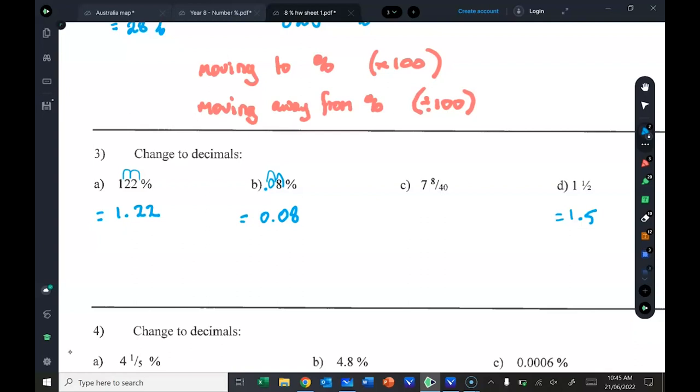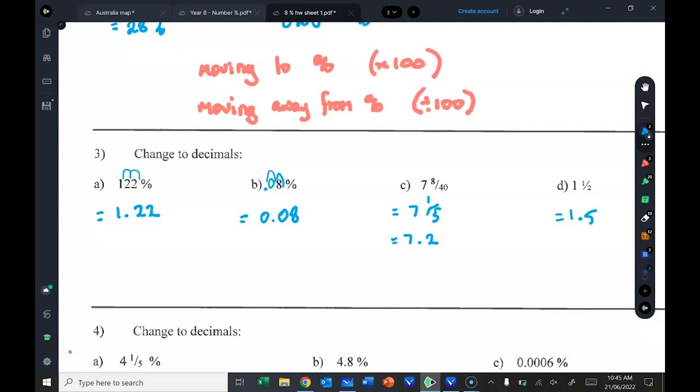But if you haven't got a calculator, you might need to simplify this fraction first, which is going to be 1/5, because 8 will go into 8 once and it will go into 40 five times. And 1/5 is 0.2, okay? So this is actually the same as 7.2.